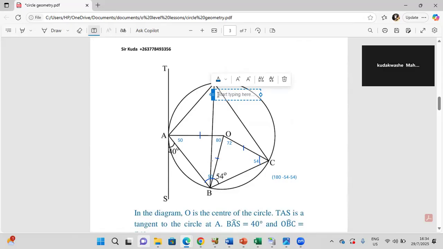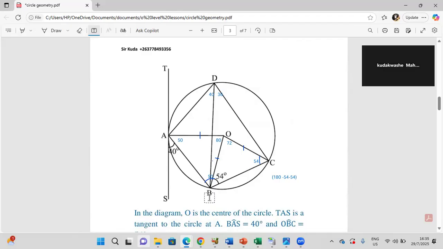So it means the angle at the circumference is half. That would be 72 divided by 2, so that would be 36. So remember, the angle at the circumference is half of the angle at the center.